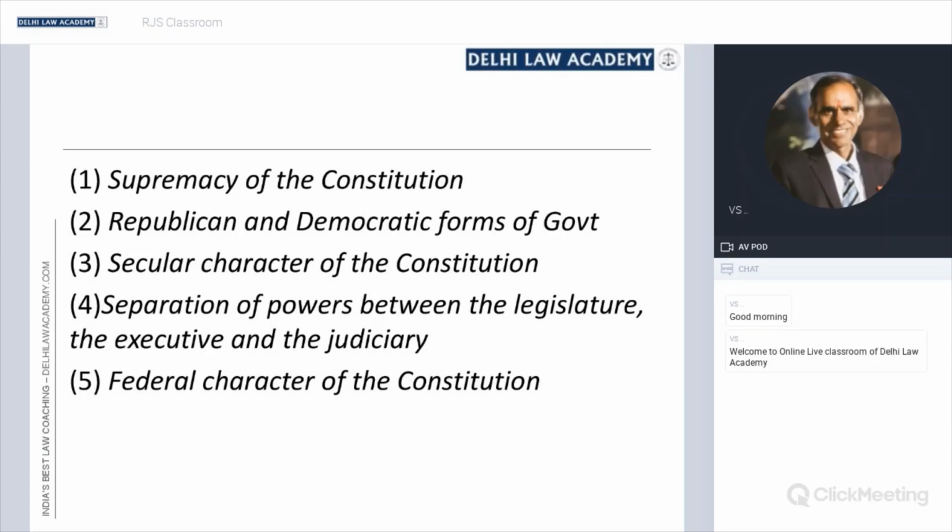Supremacy of the Constitution is a basic feature. Republican and democratic forms of government. Secular character of the Constitution. Separation of powers between the legislature, the executive, and the judiciary.